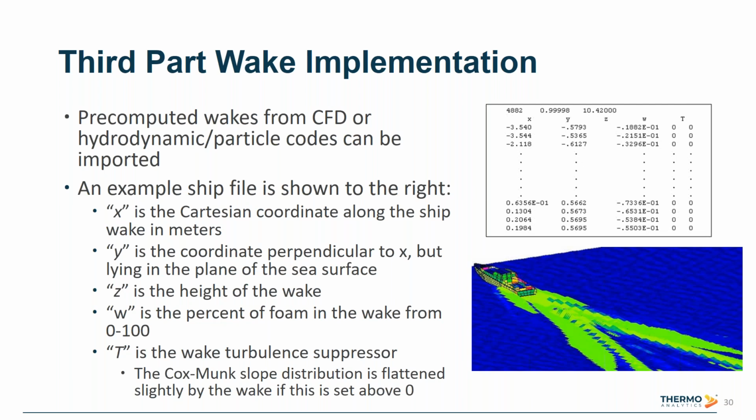Z is the height of the wake. W is the percent of foam within the wake, and that's a value from 0 to 100. And T would be the wake turbulent suppressor, which would be a Cox-Munk slope distribution, just deciding if it's flattened slightly by the wake if it's set above 0.